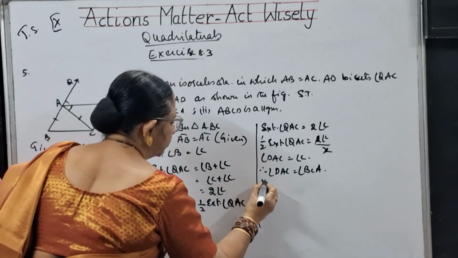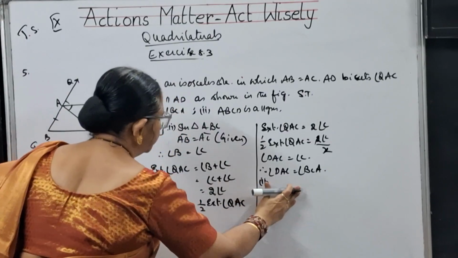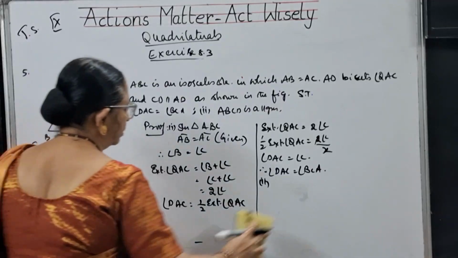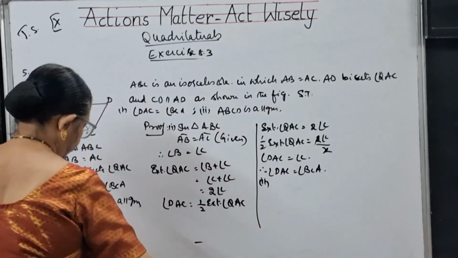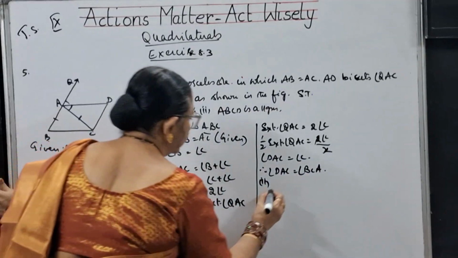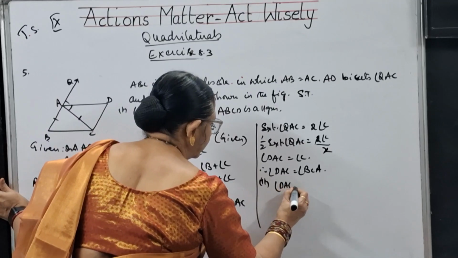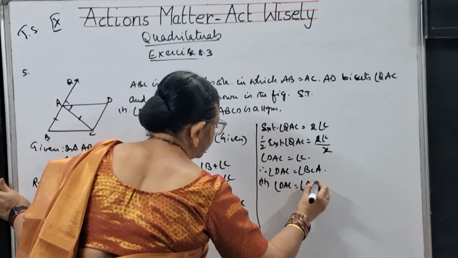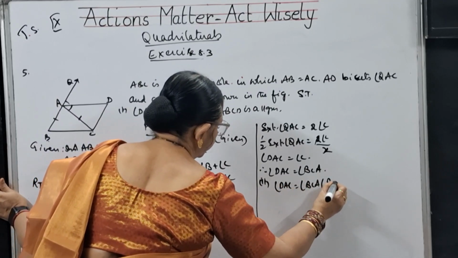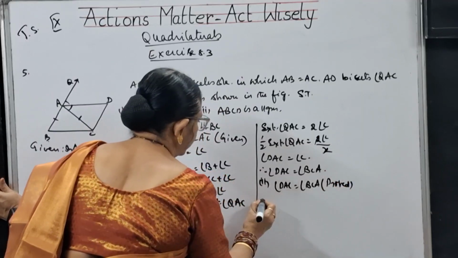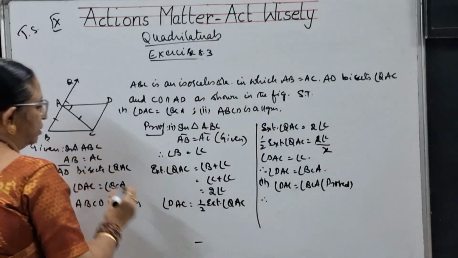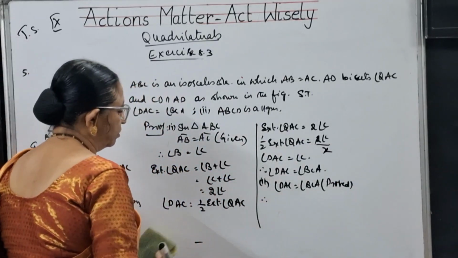And let us go for the second proof. First, what we have got: angle DAC is equal to angle BCA. We have just now proved. Therefore, what type of angles are they, children?